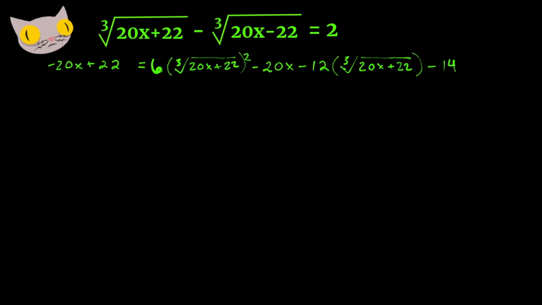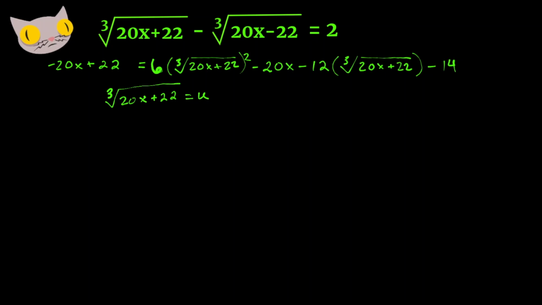Here I just made us a little bit more room. Let's simplify this, make it a little bit easier by substituting. Let's set our third root of 20x plus 22, and we'll call that u.